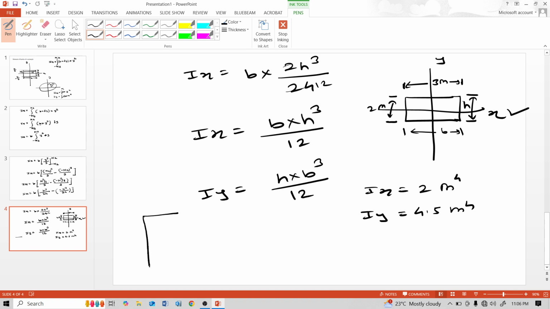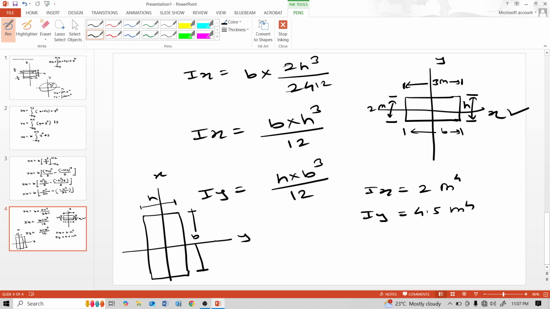Consider this same diagram in this way. This is y, rotate this diagram, and this is x, and this is h. This diagram rotated like this, and this is b. The moment of inertia about this axis is greater.